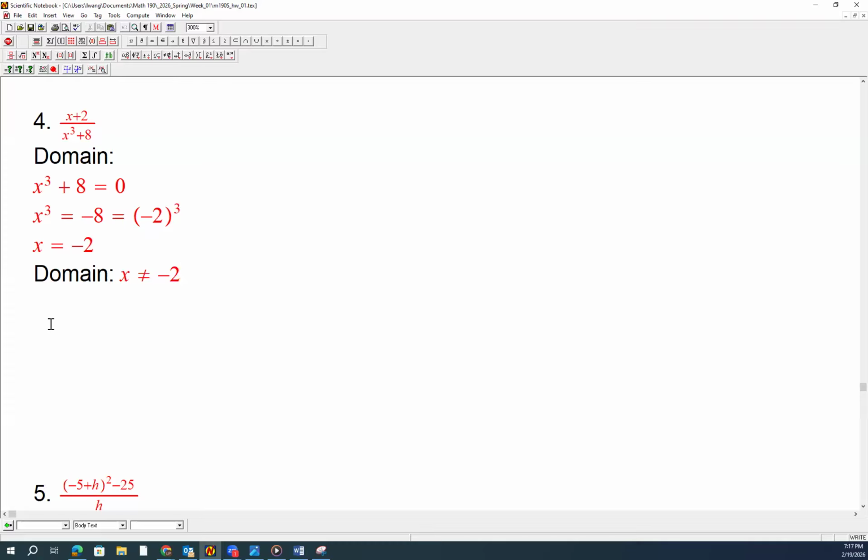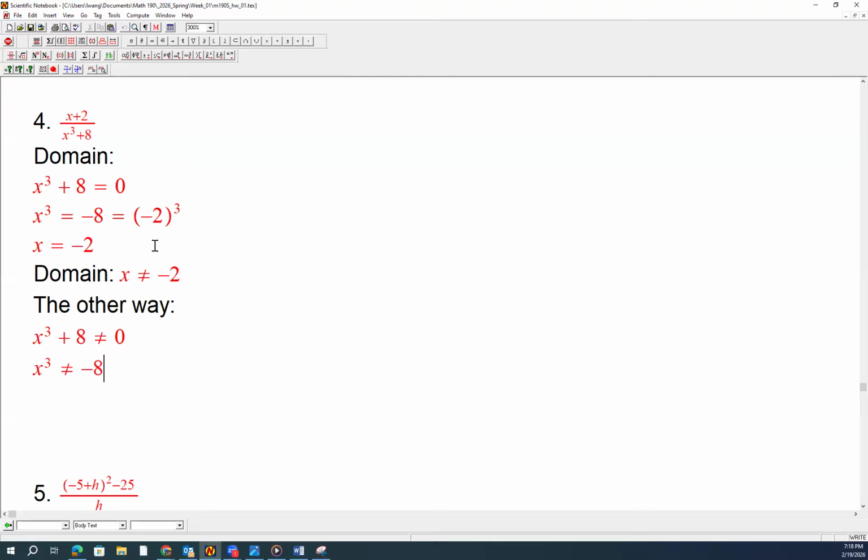negative 2. And the other way would be you set it not equal to 0, right? Instead of setting it equal to 0, we just start with setting the denominator not equal to 0. And the next step, we're going to have x would not be equal to negative 8.